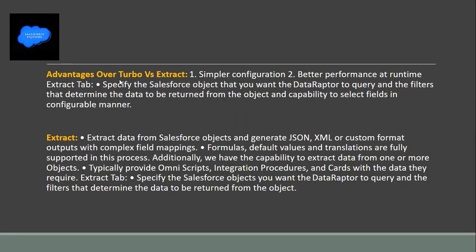Next, the advantages of Extract over Turbo: simple configuration and better performance at runtime. Extract tabs specify the Salesforce object that you want the data reporter to query and the filters that determine the data to be returned from the object, with the capability to select fields in a configurable manner. It extracts data from the Salesforce object and generates JSON, XML, or custom format output with complex fields mapping.